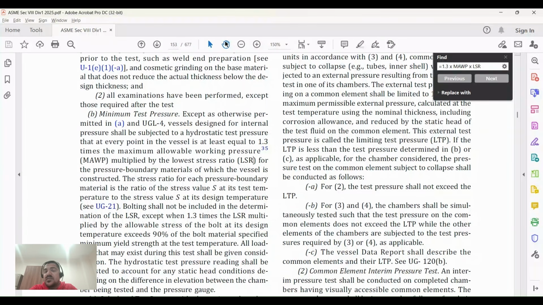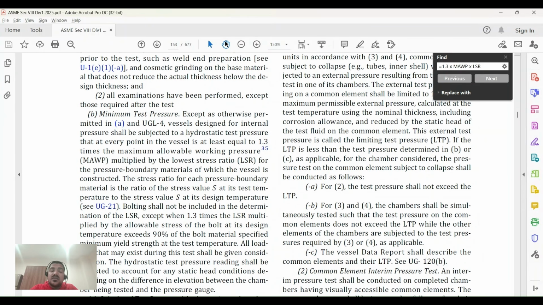So how do you mitigate that? Say, for example, your vessel is going to have a service temperature of say 300 degree centigrade, and if you look at what strength your material will have when it is heated up to 300 degree centigrade.